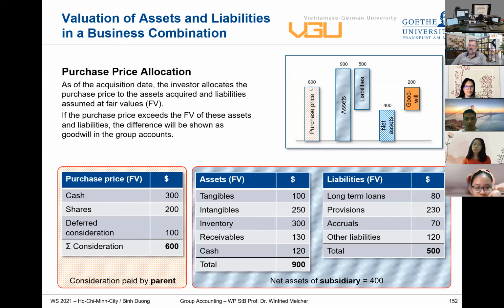So you can now see the goodwill, which is the purchase price, 600 minus net assets of 400 equals 200 goodwill. Okay, so that is what you do. You will allocate the purchase price to the various assets and liabilities. And when there is a difference, that will go to goodwill.